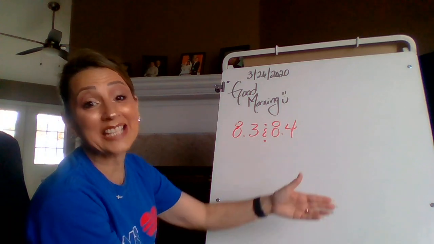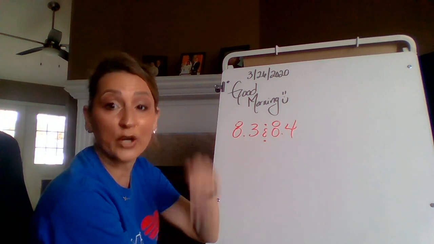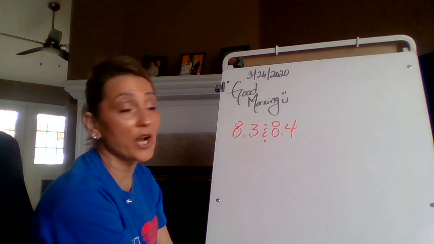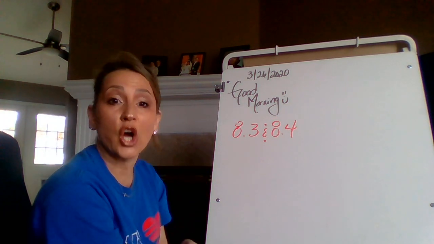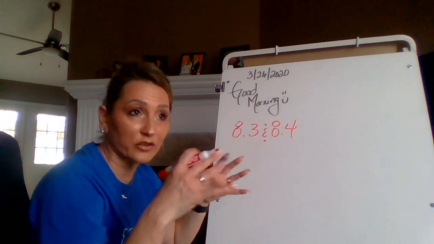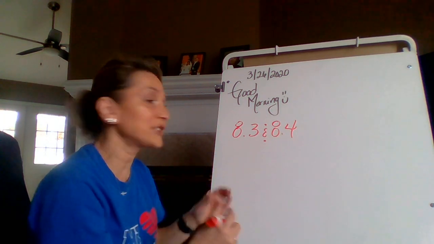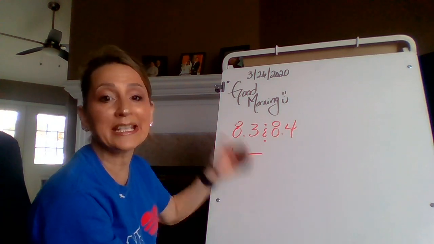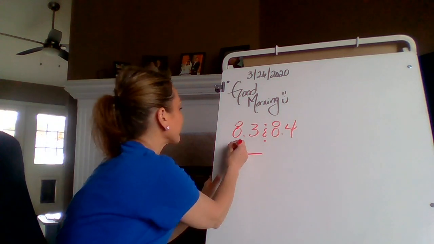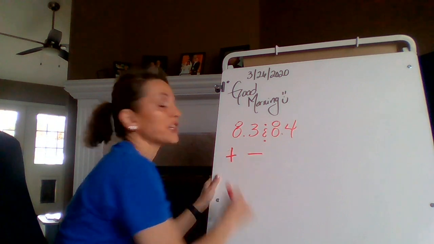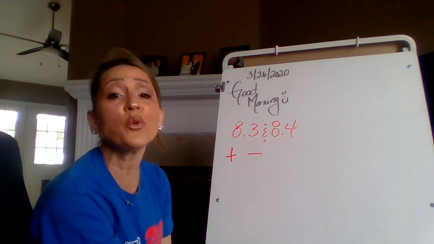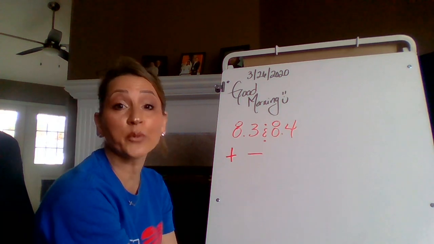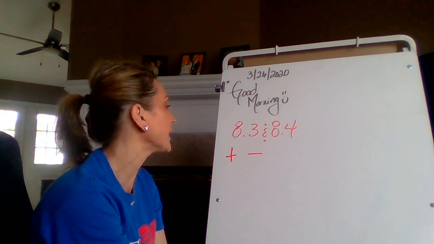This lesson is going to work on how we solve addition and subtraction equations. There are two ways that we can do that, and the latter that I'm going to talk about is what I would really love for the students to practice at home.